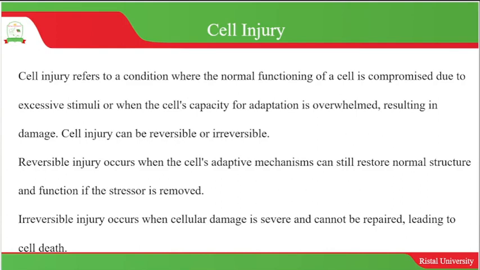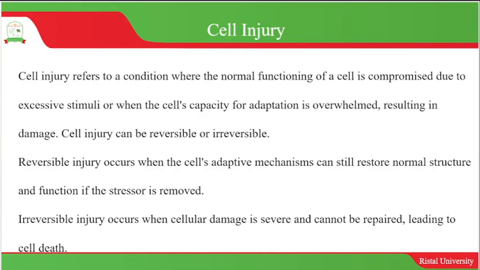A stressor in this case is that thing or something that inflicts an injury to the cell. So a stressor in this case may be chemicals, or infections that may alter or cause damage to the normal state of the cell, and later on the cell's functions are compromised.